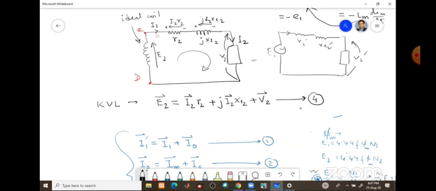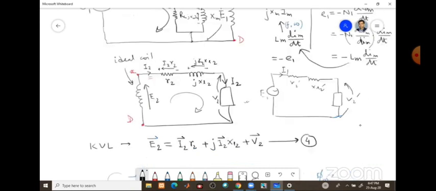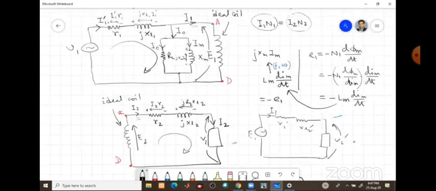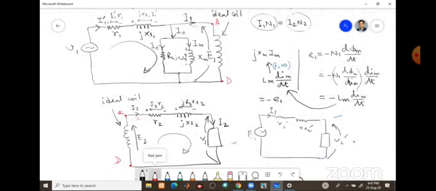And the current is I1. Now can you tell me, can we connect these two points with these two points, A and B?